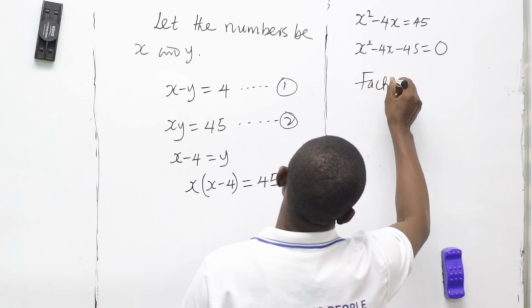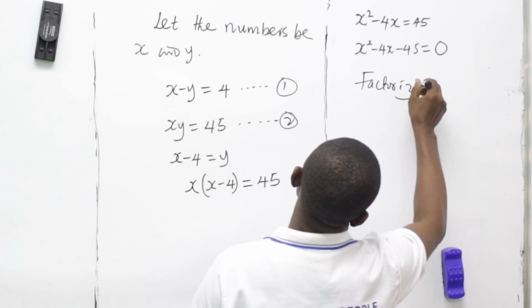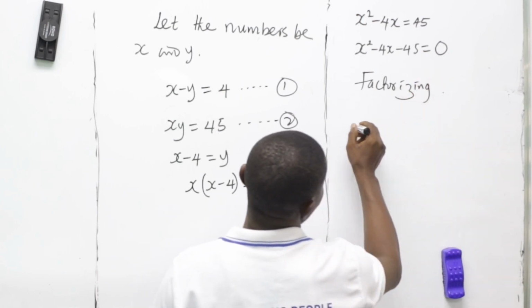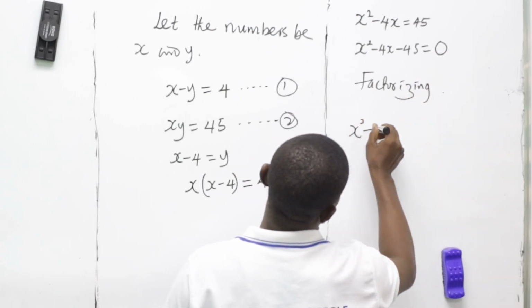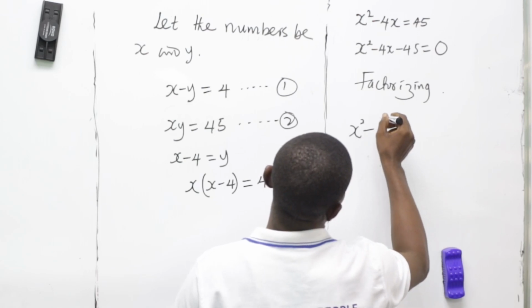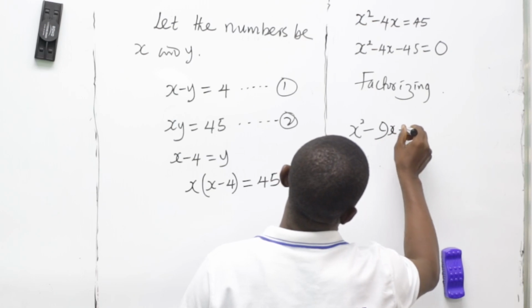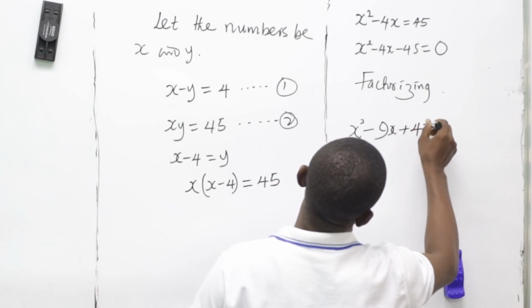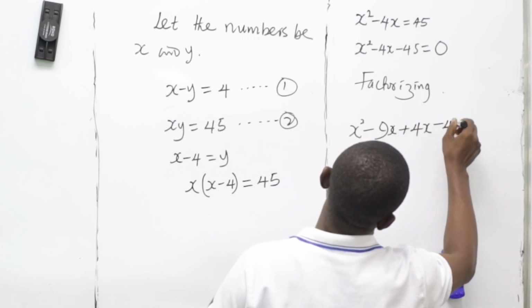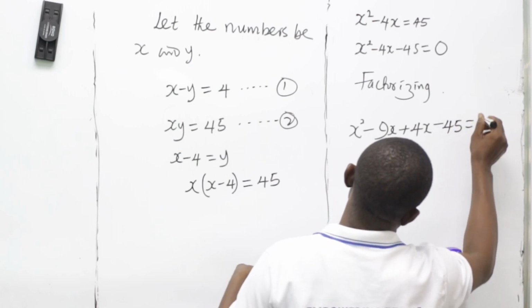Factorizing the equation, we'll have that x squared minus 9x plus 5x minus 45 equals 0.